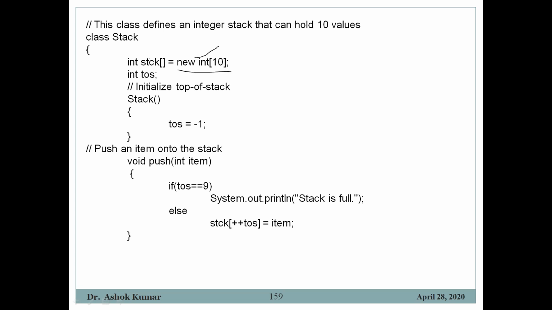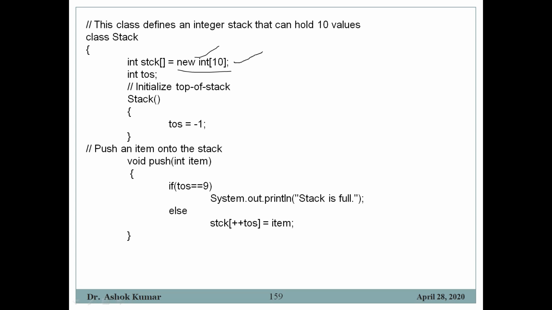This is another important point. In Java, you can allocate the memory to the instance variables at the time of the declaration of the variables. So either you can allocate the memory when the constructor is called, within the constructor, or you can allocate the memory directly when you are declaring the instance variable.